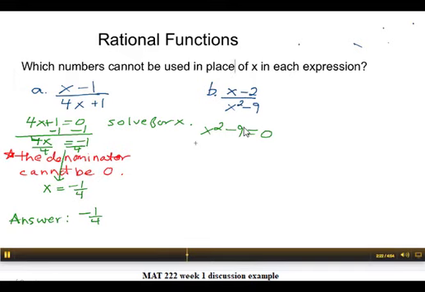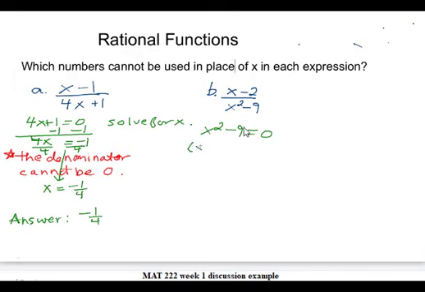We probably recall from factoring that we can write x squared minus 9 as x minus 3 times x plus 3. This is because x squared minus 9 is the difference of 2 squares, because x squared is x squared and 9 is 3 squared.